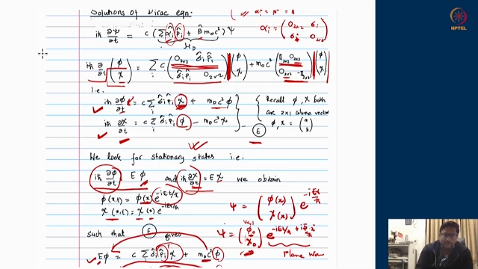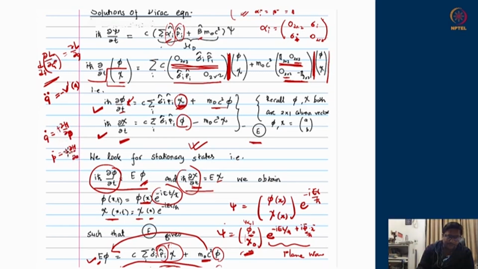If you remember the Lagrangian scheme of things, d/dt of del L upon del Q dot is equal to del L upon del Q. Ultimately, if you do this, you will get an equation like Q double dot is equal to V prime of Q. However, if you go to phase space, the same equation is written in terms of Hamilton's equations, where Q dot is del H upon del P and P dot is minus del H upon del Q. This was plus and this is minus.